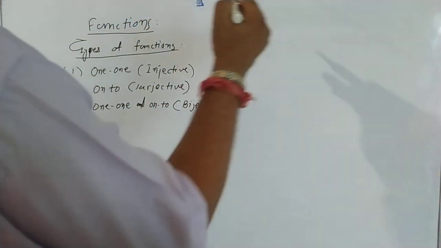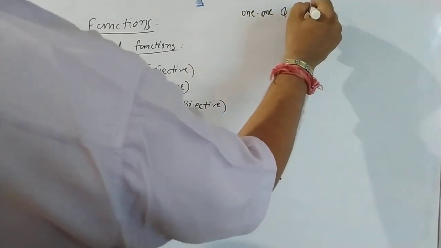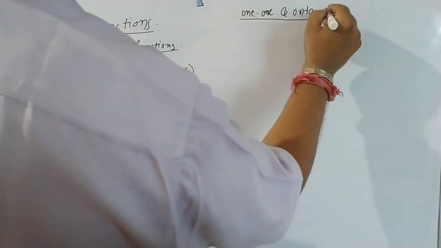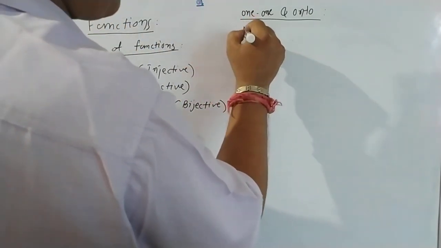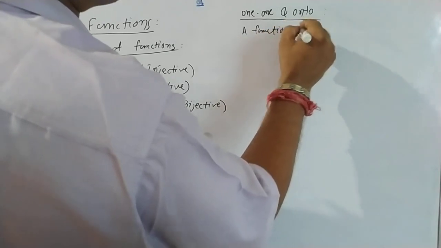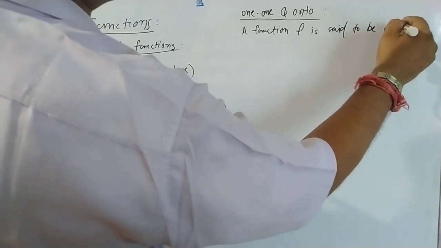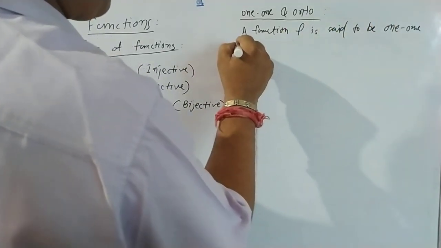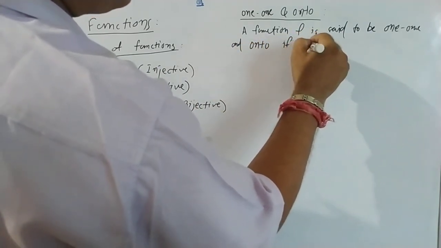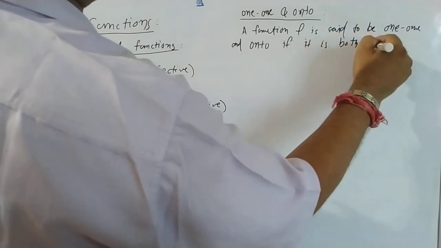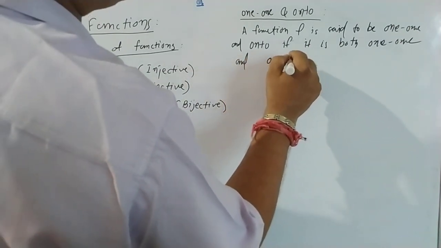Now bijective: one-one and onto. A function f is said to be one-one and onto if it is both one-one and onto.